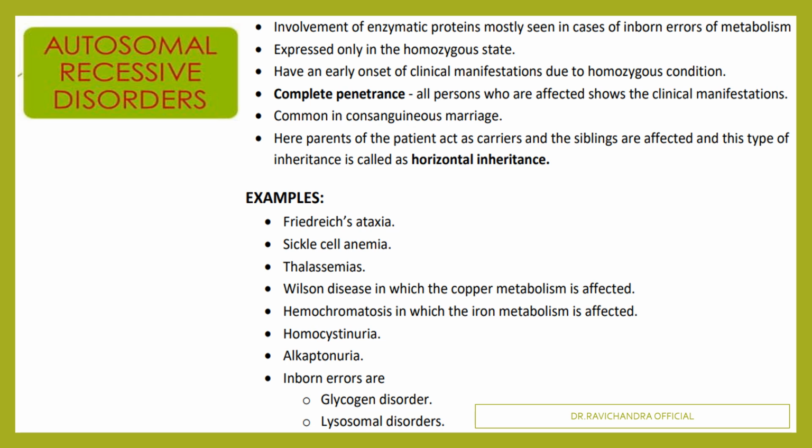Examples are Friedreich's ataxia, sickle cell anemia, thalassemias, Wilson's disease, hemochromatosis, homocystinuria, alkaptonuria, and inborn errors of metabolism, that is glycogen storage disorders and lysosomal storage disorders, which come under autosomal recessive disorders.